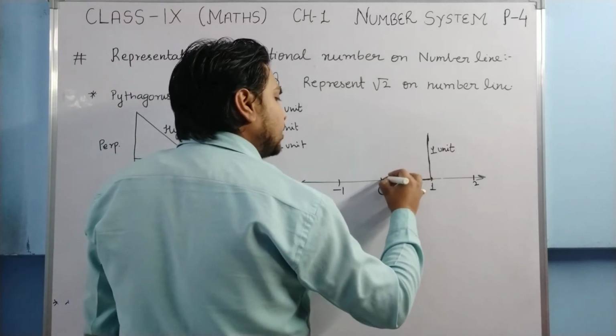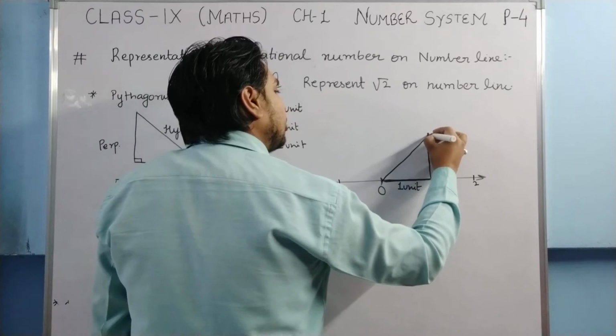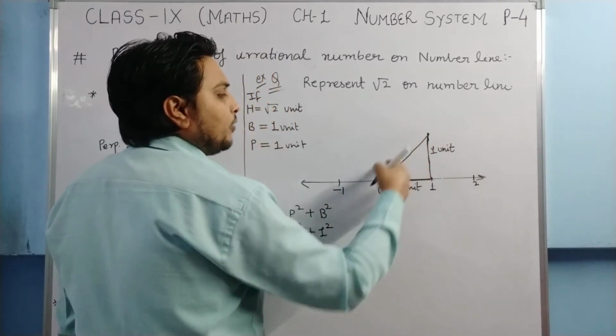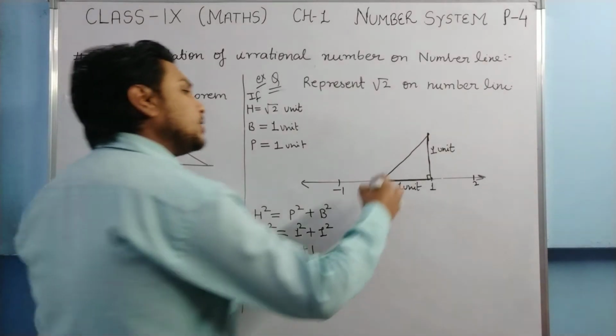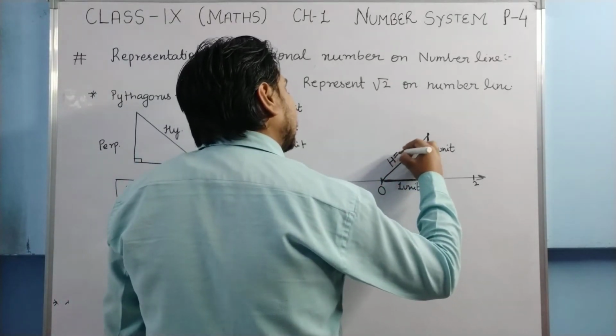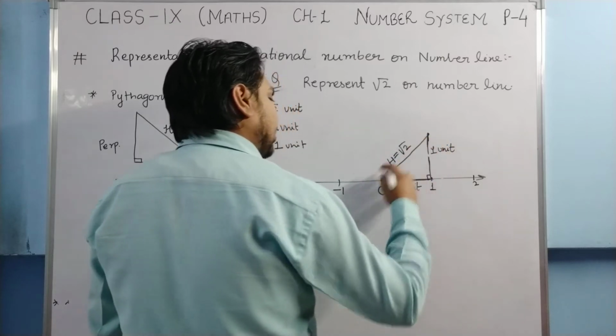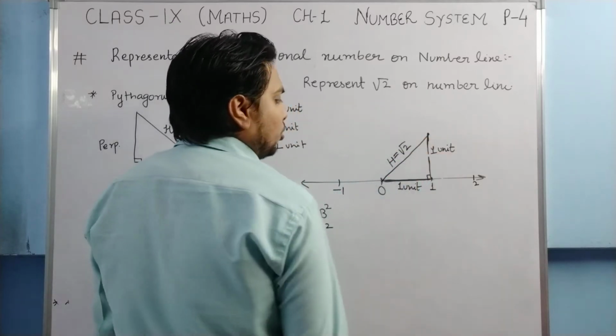So if we join this point to this point, then it will be the hypotenuse because the other side is perpendicular. Okay, so if it is the hypotenuse, then surely its length will be under root 2.